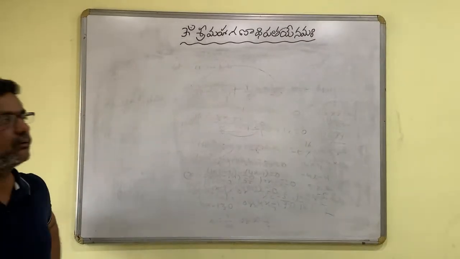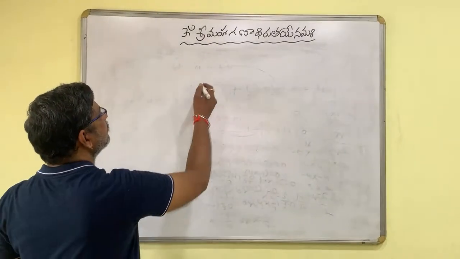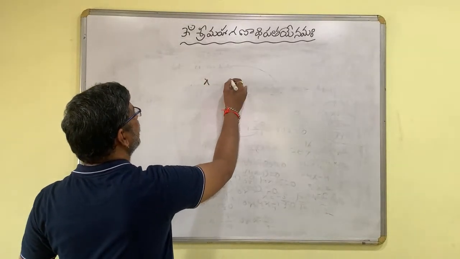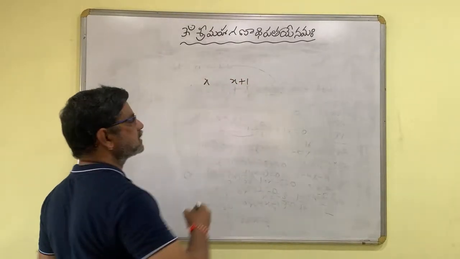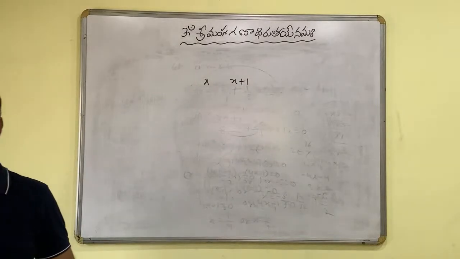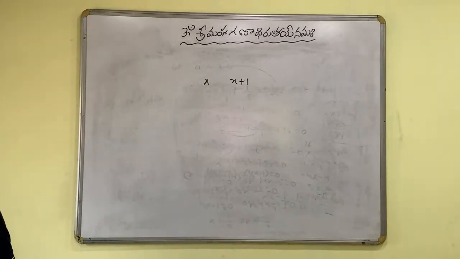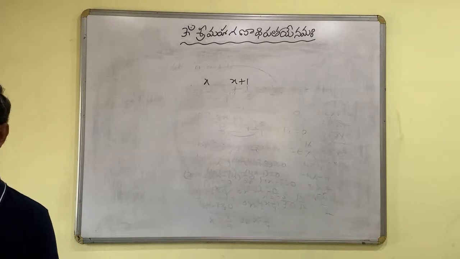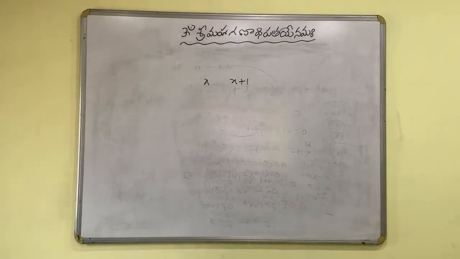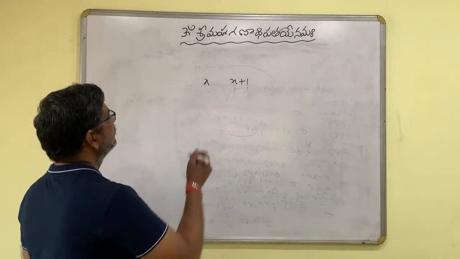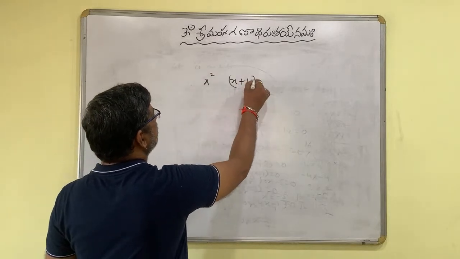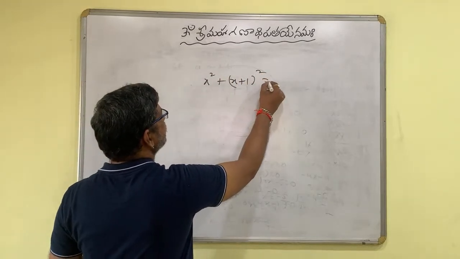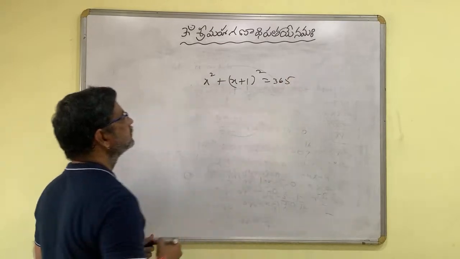Let one integer be x, then the immediate one is x plus 1, because they are consecutive positive integers. Now what is given? Sum of whose squares is 365.